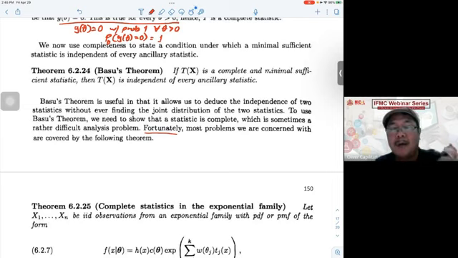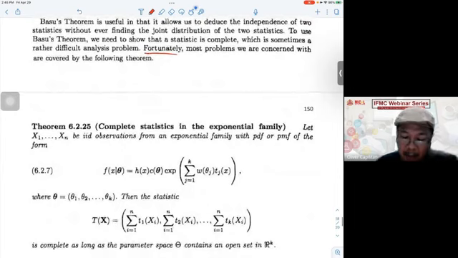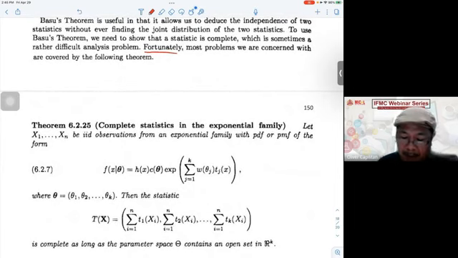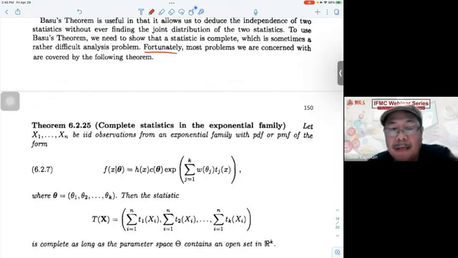So we just limit ourselves to the case where we have a random sample coming from an exponential family of distributions. So, complete statistics in an exponential family.